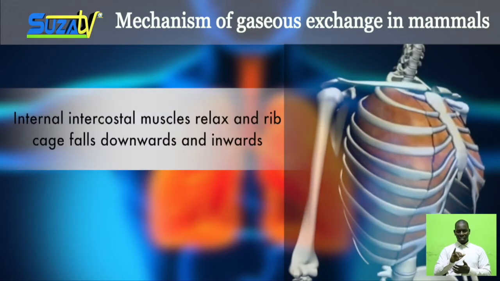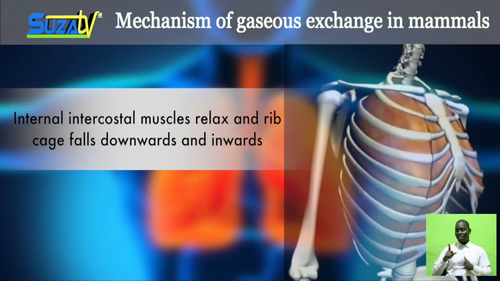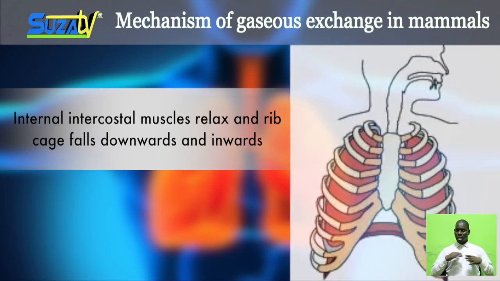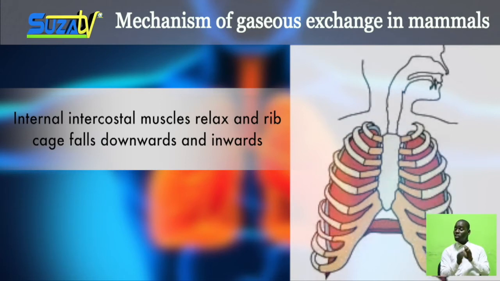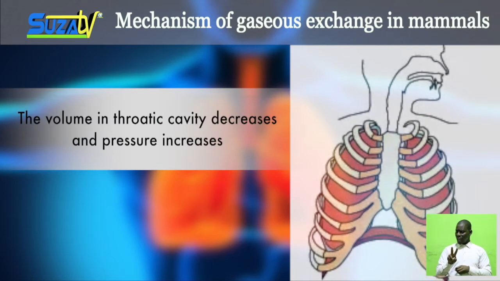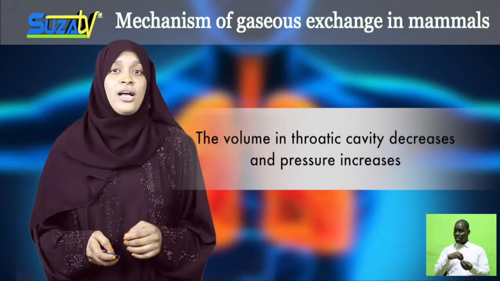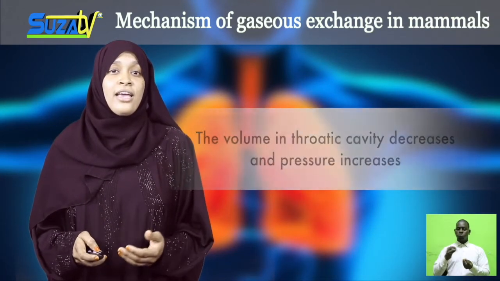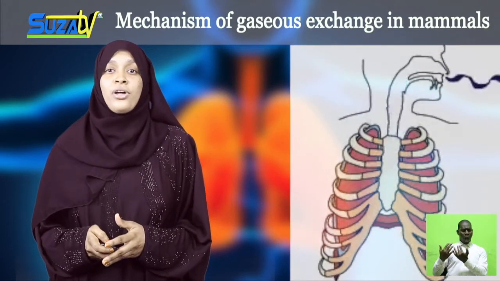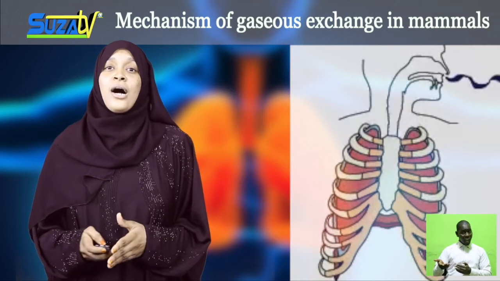Internal intercostal muscles relax and the ribcage falls downward and inward. This causes the diaphragm muscles to relax and the diaphragm returns to its dome shape. The volume in the thoracic cavity decreases and the pressure increases. Air is forced out of the lungs through the trachea and finally out of the body.